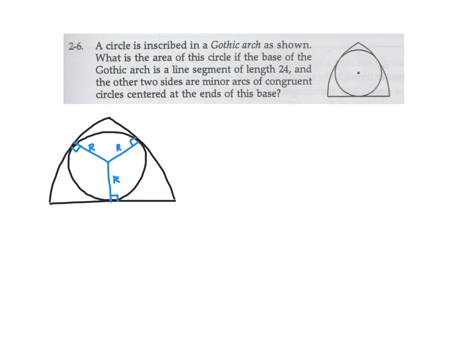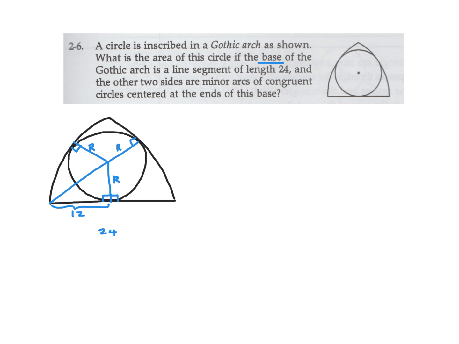And let's then draw a line from here to here. Now they're saying the base is 24, so this is 24, and from here to here, that would be just 12, right? Because it's half, because of the symmetry of the diagram. Okay, now what else can I do here?